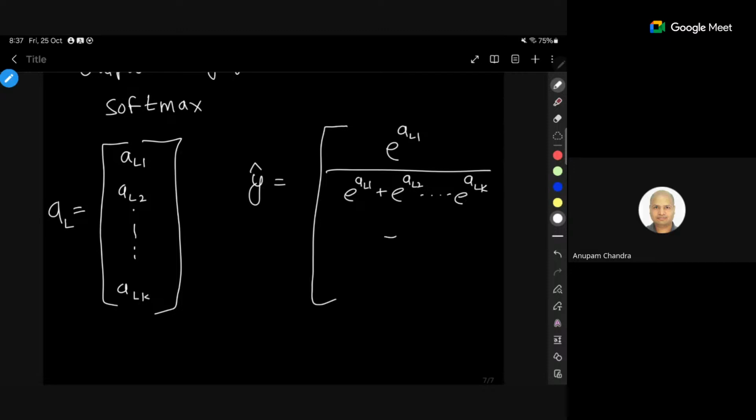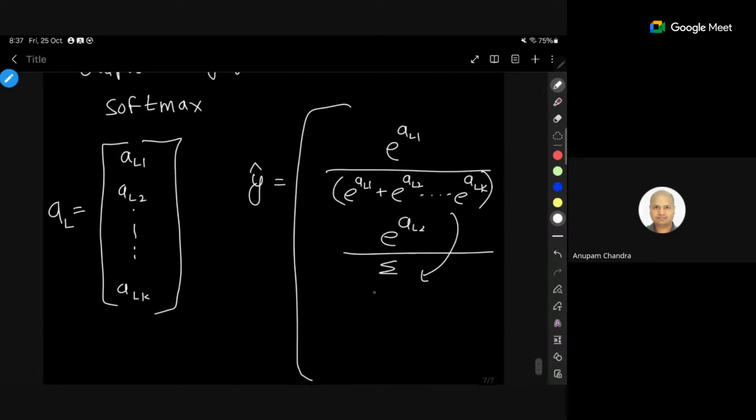The same goes for all the K terms, e power ALK divided by the denominator summation. So all of them you will get as output. This is what the softmax function is.